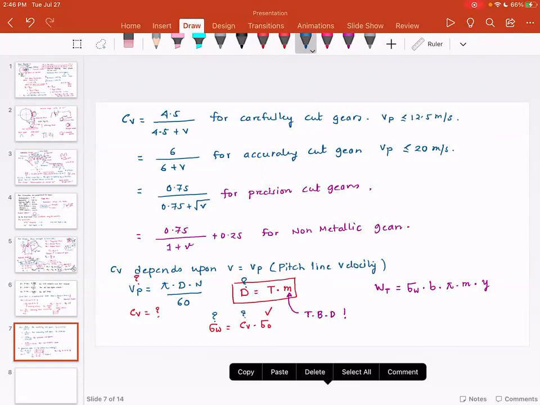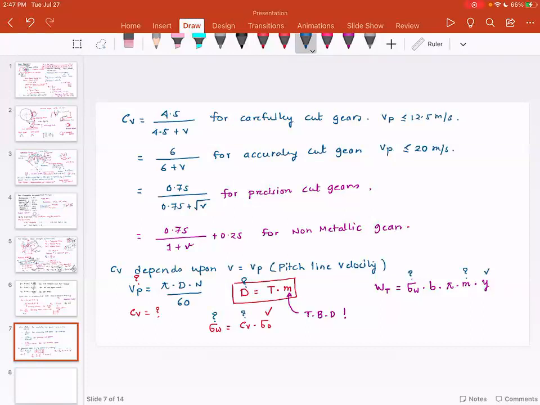So if you look at the right-hand side of the equation, sigma W is unknown, module is unknown, Y is known, and many a time B is expressed in terms of module.